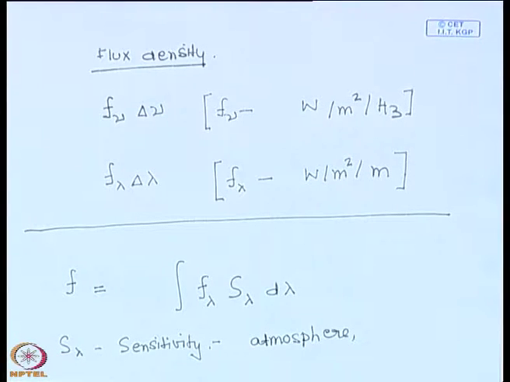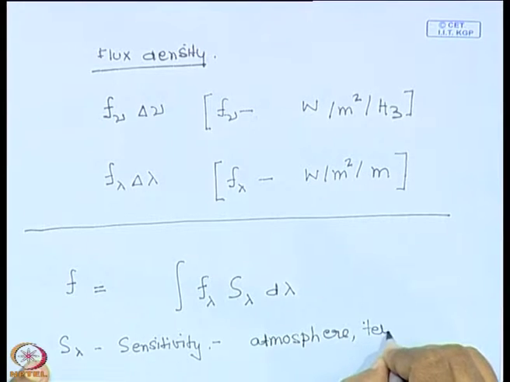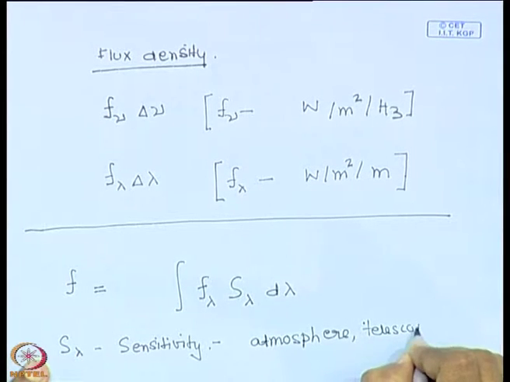After all, every observation from the earth is through the atmosphere, and the atmosphere may not allow all wavelengths to pass through equally. Then it also includes the telescope. The telescope may not respond equally to all wavelengths.